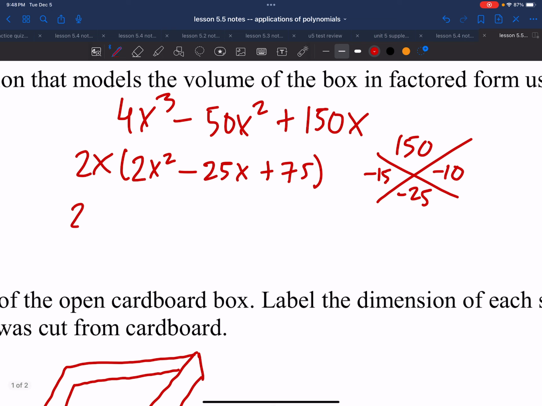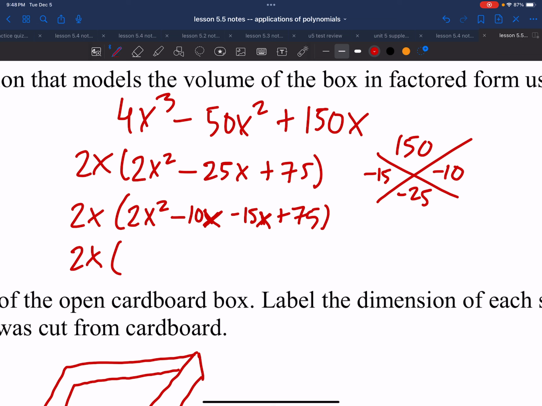And then I'll do my factor by grouping for quadratic trinomials, where I split the negative 25x into negative 10x and negative 15x, like so. And then I do GCF with grouping. So I factor out 2x times x minus 5.